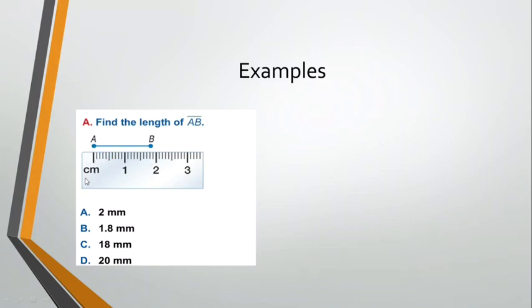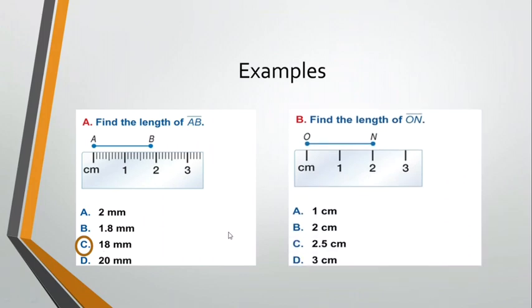And I know it's going to be centimeters because that is the measurement at the left of the ruler. 1.8 is here, but it has millimeters, so that's not going to be my correct answer. And all of these are in millimeters. So since I know all of these are in millimeters, I know that there are 10 millimeters per centimeter. So 10 millimeters plus 8 millimeters means my answer is going to be 18 millimeters. Here is an example for you to try.